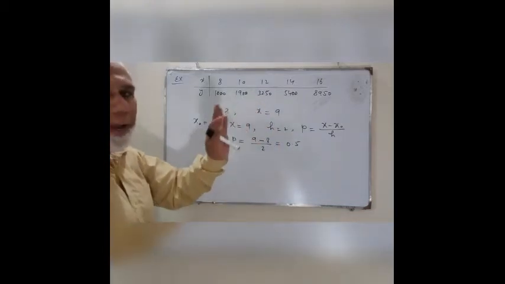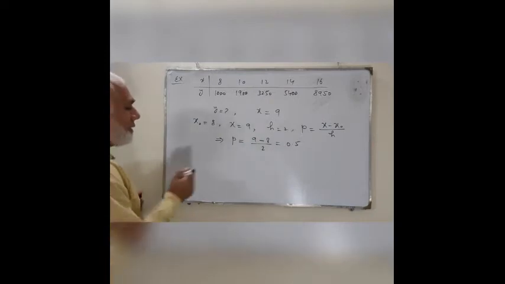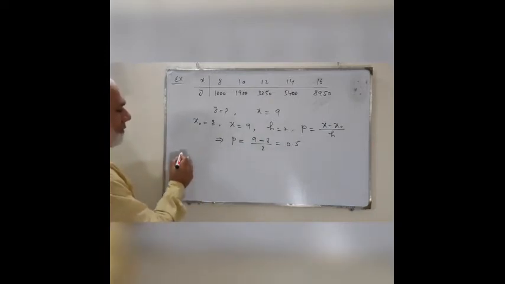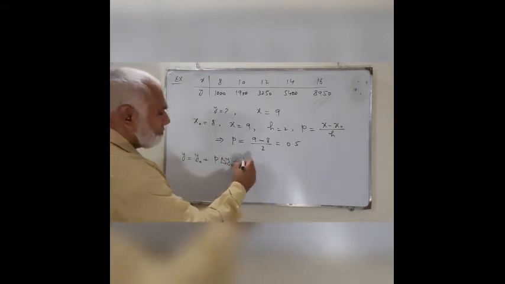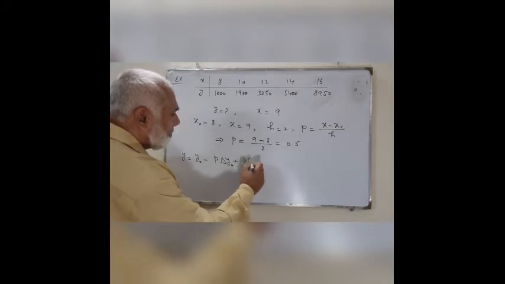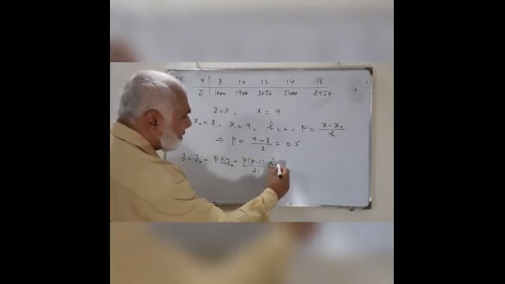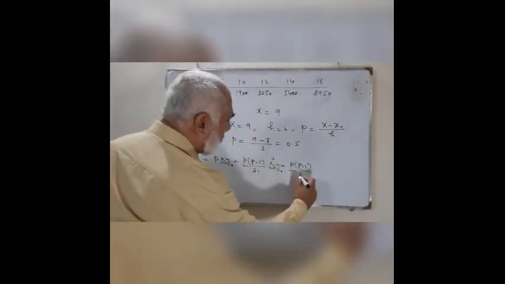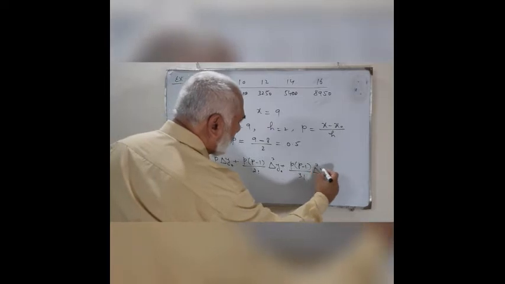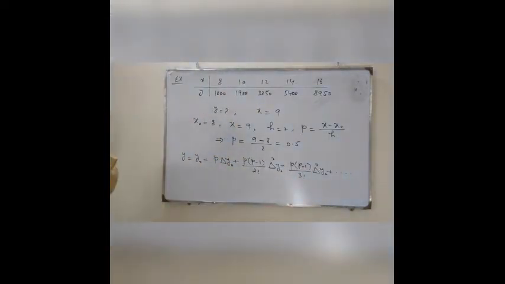Now to apply the formula for the forward difference interpolation, the formula will be of the form y equals y0 plus P times delta y0, plus P times (P minus 1) over 2 factorial times delta squared y0, plus P(P minus 1)(P minus 2) over 3 factorial times delta cubed y0, and many more terms you can write down.